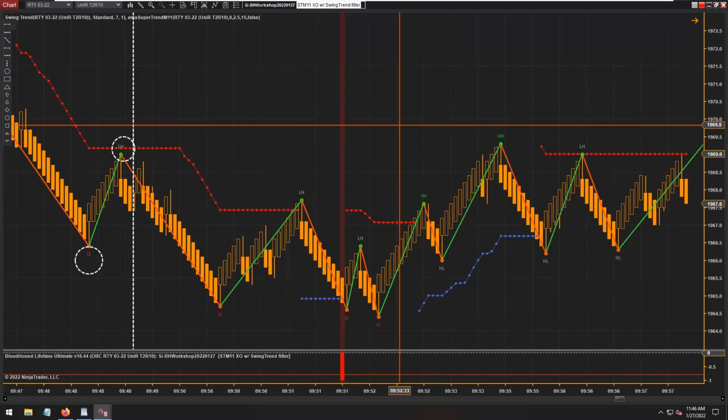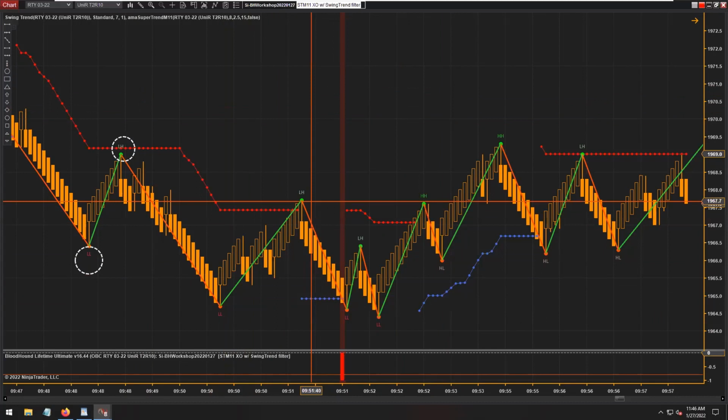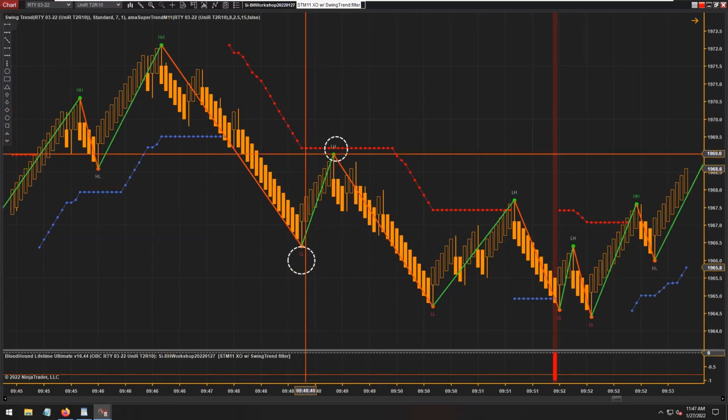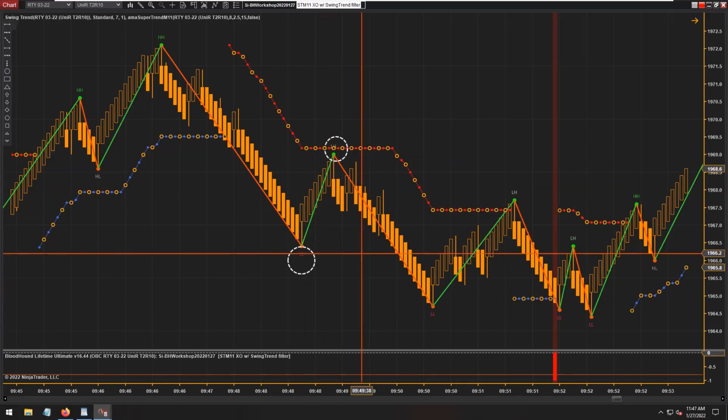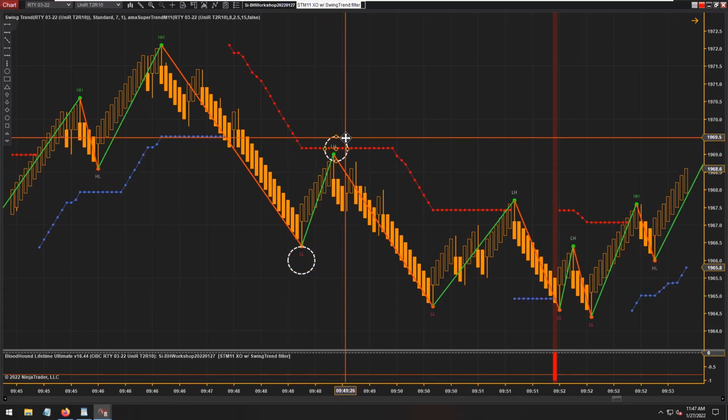And let's get rid of that. So let's see, lower low, lower high, crossover. And let's see, the super trend did not reverse directions there, so all right, yeah.